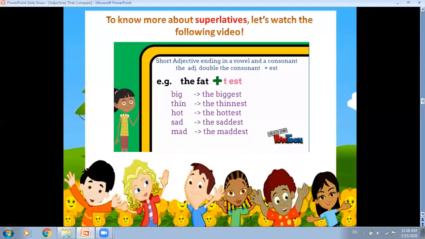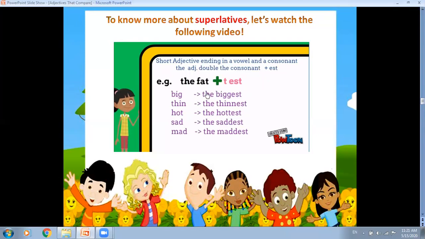And finally, when adjectives have a short vowel sound, like in here, fat, short vowel, short A. And it ends with a what? With a consonant letter, T, for example. What do I have to do?